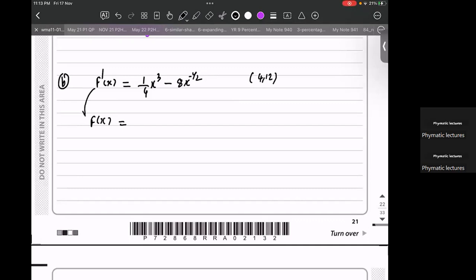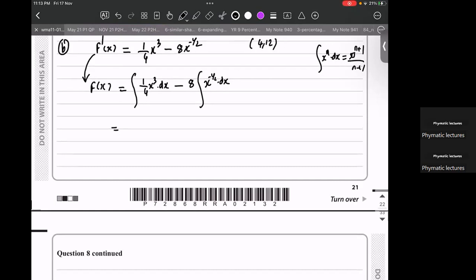If you are bringing back the mother function from the derivative, we have to use a technique called integration. Integral of x to the power of n dx is x to the power of n plus 1 by n plus 1. That is the idea. So here we need to integrate 1 by 4 x cube dx minus 8 x to the power of minus 1 by 2 dx.